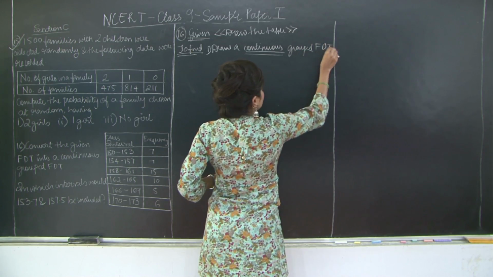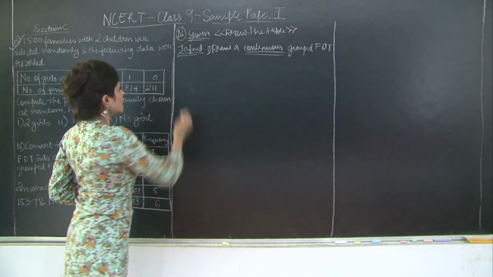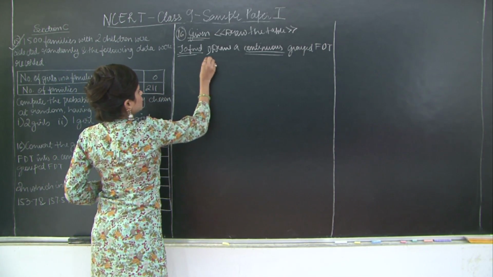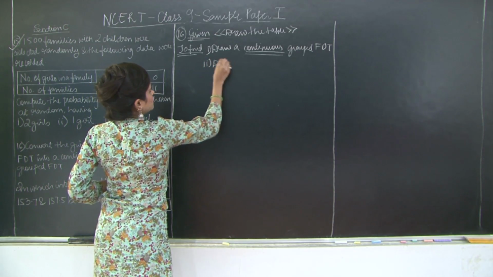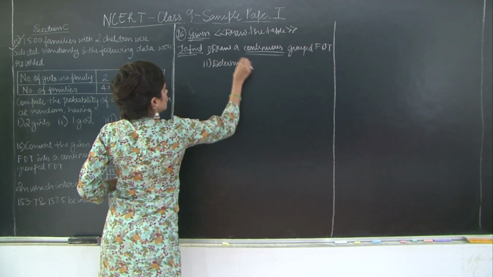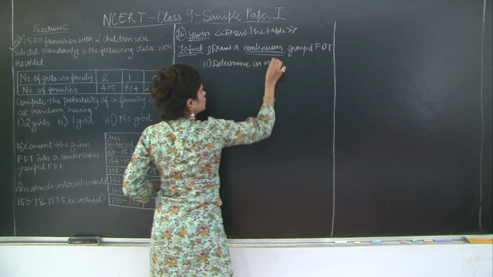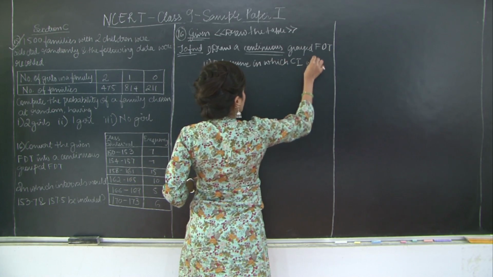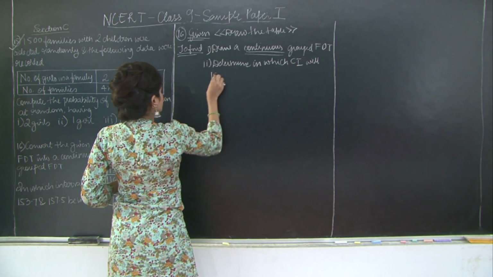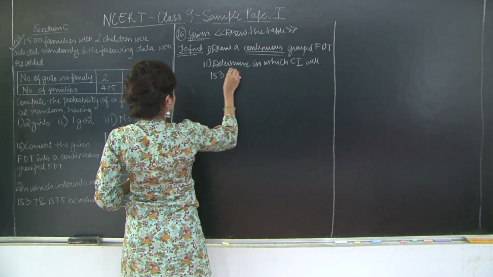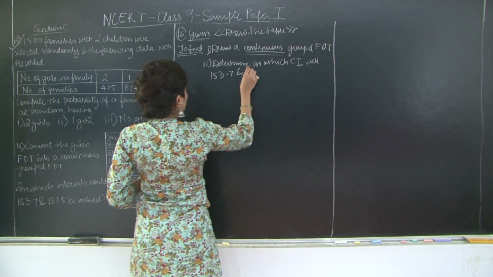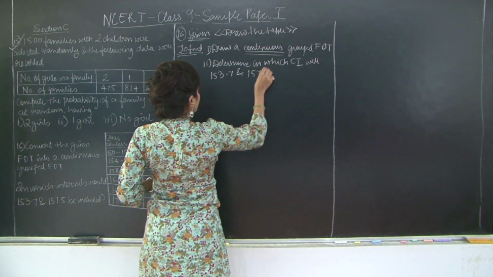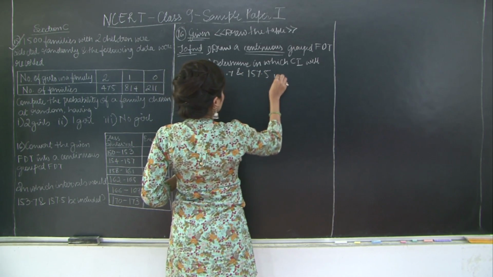FDT is nothing but frequency distribution table, and determine in which class interval, CI for class interval, 153.7 and 157.5 will be included.